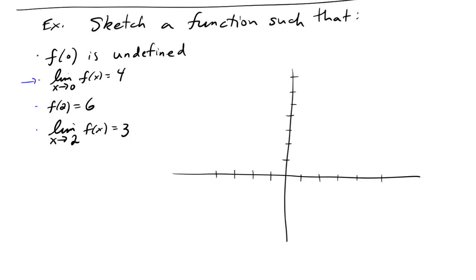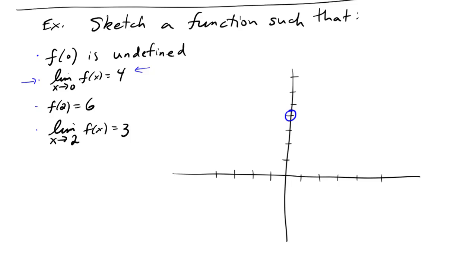So we're around 4 when we approach 0, but it's undefined. That's why I put it as open, because I couldn't put a point at x equals 0. So from both sides, left and right, I'm supposed to approach 4. Now I can do that in any way I want.